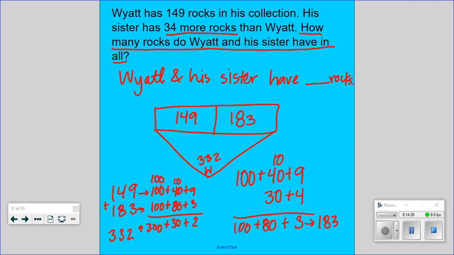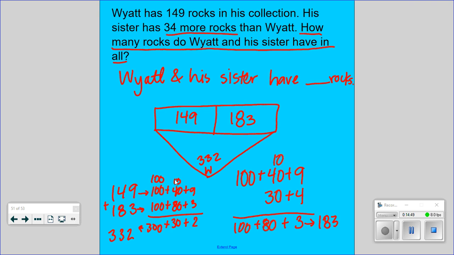So to think about our answer, Wyatt and his sister have blank rocks. I got a lot of numbers to choose from. Which one do I know is going to be how many rocks Wyatt and his sister have? Autumn? 332.